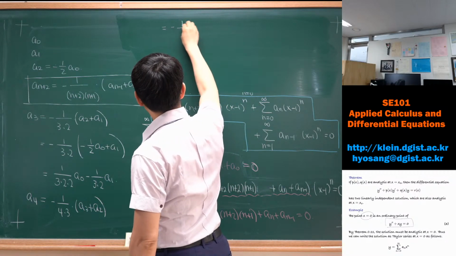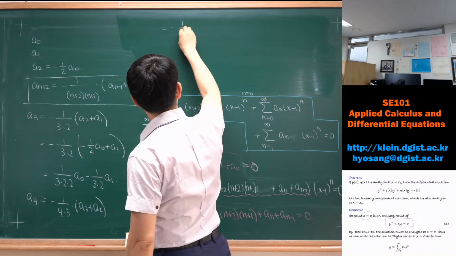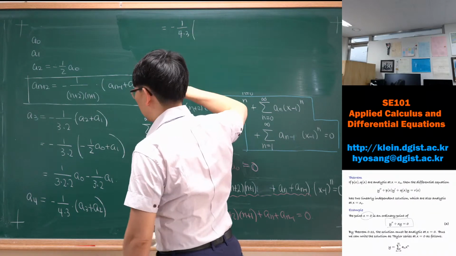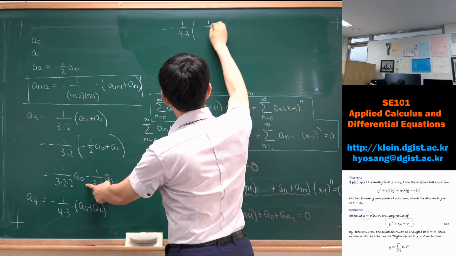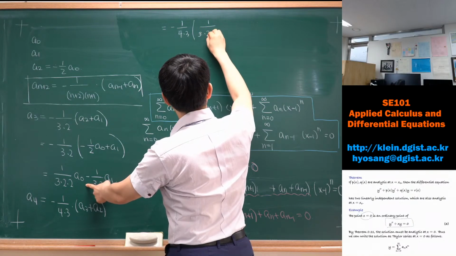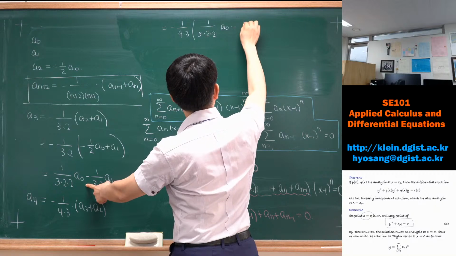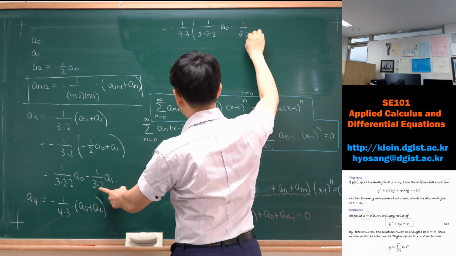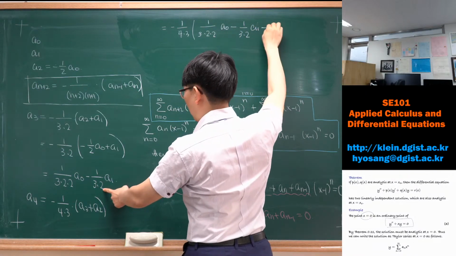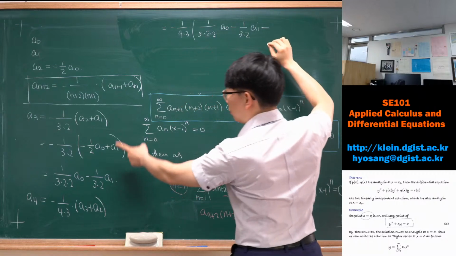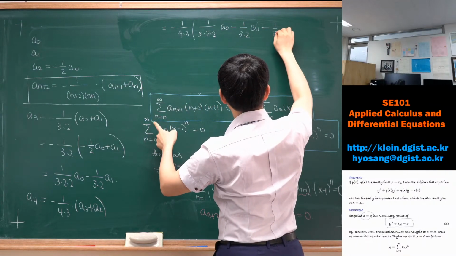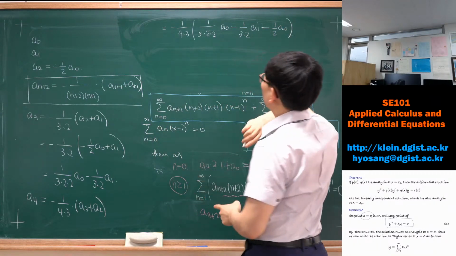So this is equal to minus 4 times 3 of 1 over 3 times 2 times 2 A0 minus 1 over 3 times 2 A1 and A2, which is minus 1 over 2 A0.